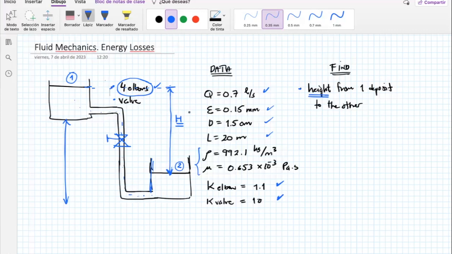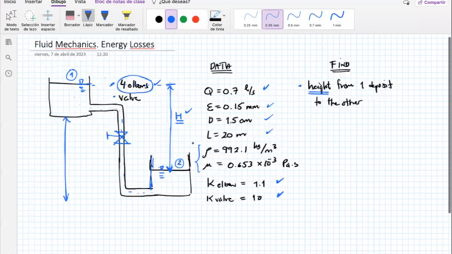Why this h and not another possible height from some other position of the tanks? Well, because here, at the free surface, I know several things. This is the symbol for free surface. You will know which things I'm referring to when I'm talking about knowing several things.